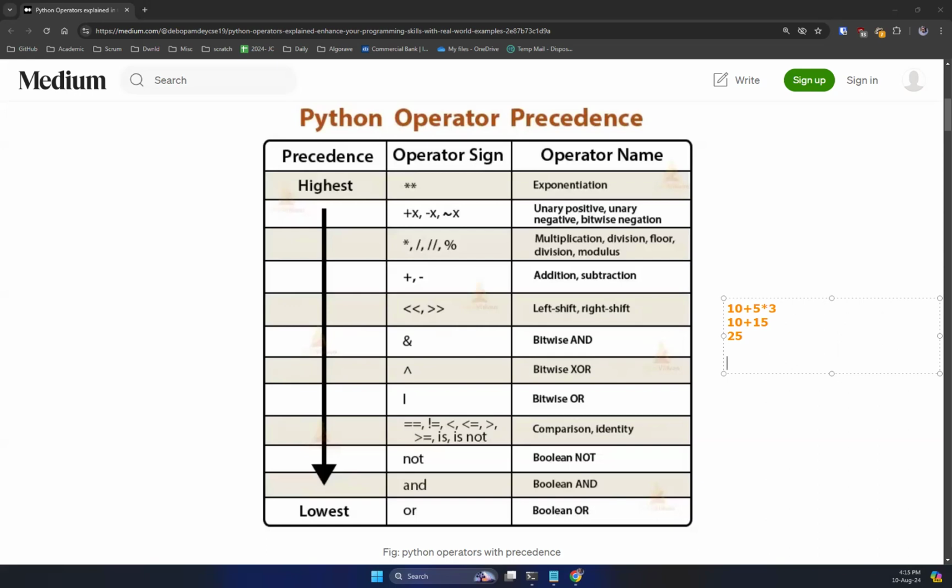Right now, let's say we have 10 divided by 2 into 5. What should be the answer? Is it 25 or 1?